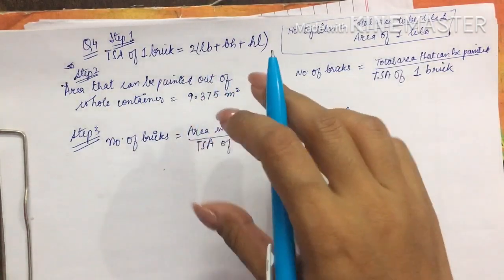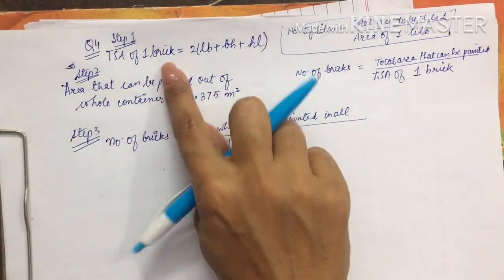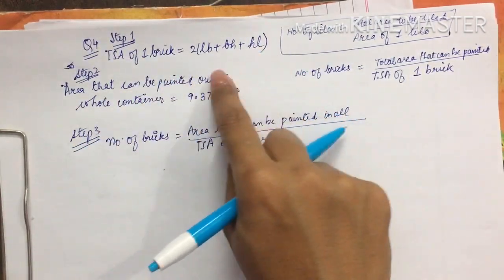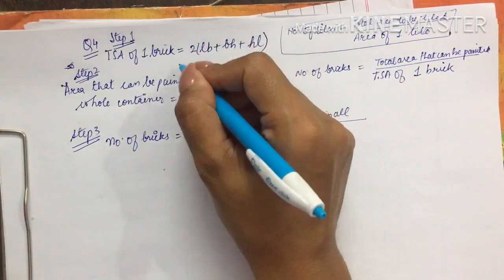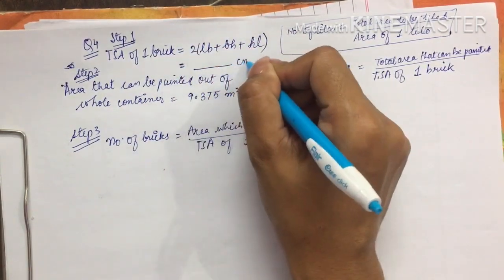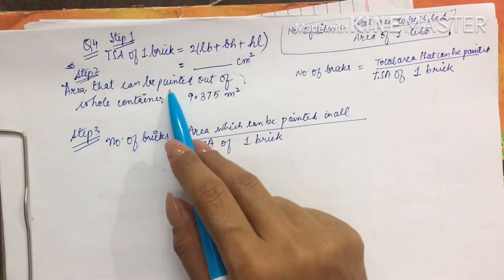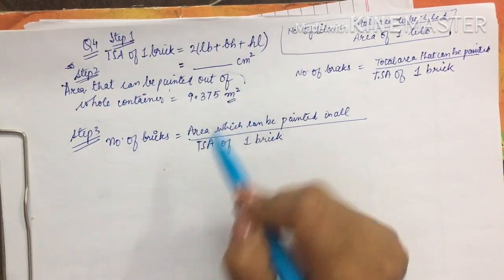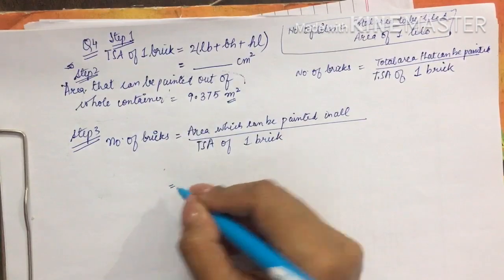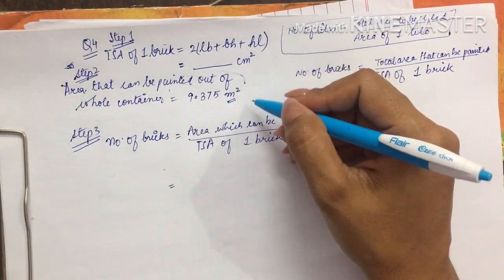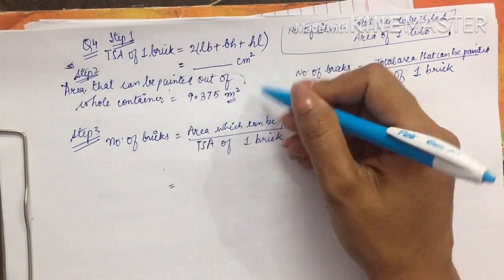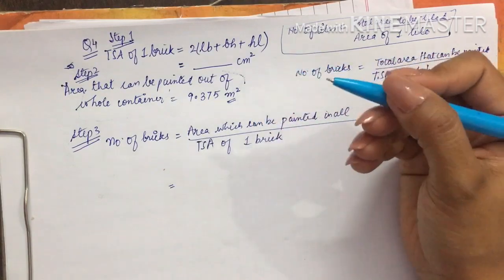Now while you do this question, there will be one catch. The dimensions of the brick are given in centimeters, so the area of the brick will come out to be in centimeter square. The total area which can be painted out of the container is given in meter square. So when you divide this, the units don't match.